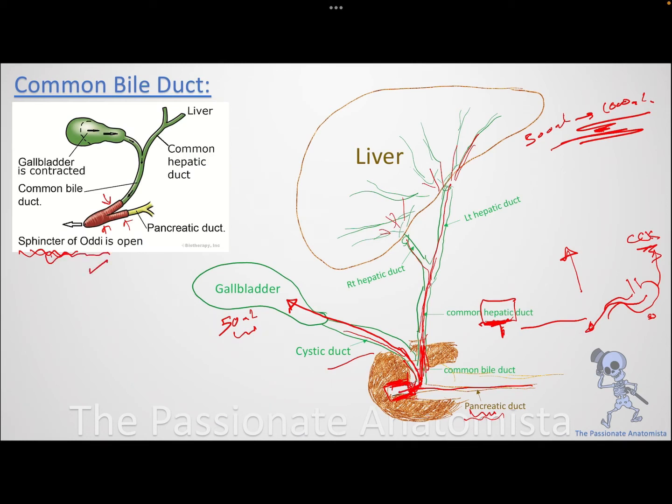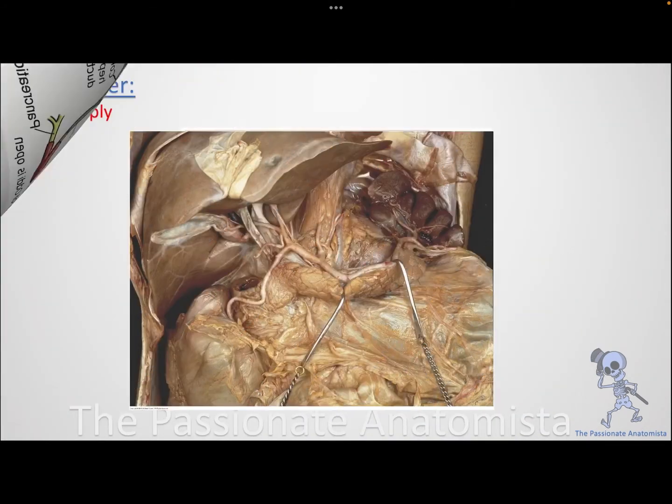It's going to open the sphincter of Oddi, and in that case, the bile is going to come all the way to the duodenum. All right, and both of them, with the pancreatic juices, reach the second part of duodenum, and we continue the digestion of food. All right, so this is the story of the bile as it reaches the second part of duodenum.